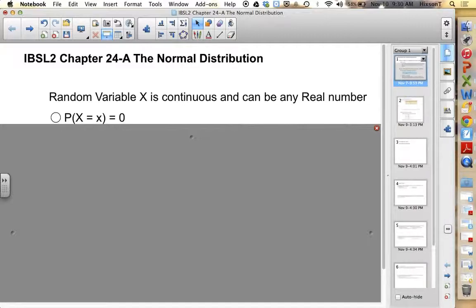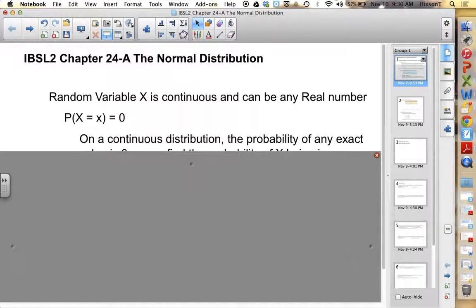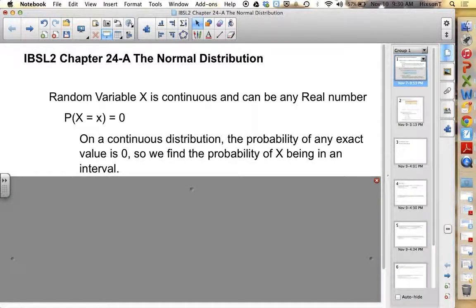And here what this statement says is the probability that our random variable X equals a certain value of x equals 0. You might say, okay, so that means that no matter what we pick, the probability of picking that is 0. Yeah, okay. And the reason is because this is a continuous distribution, okay? And what that means is that no matter how carefully we measure, our measuring tool is going to have a limit to it.